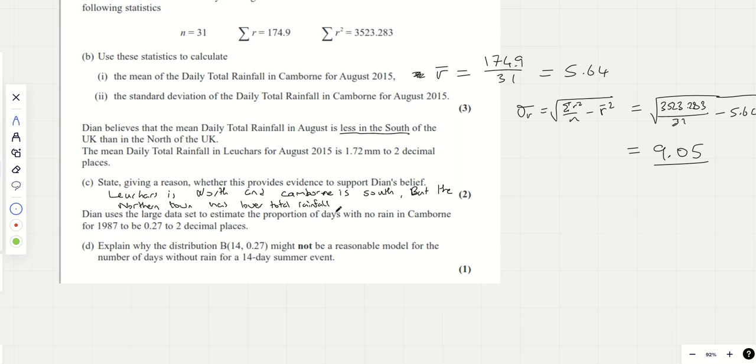So this doesn't support Deanne's belief. So really that question is, do you know where the cities are? Deanne's belief, or Deanne's claim, maybe that's a better way of putting it.